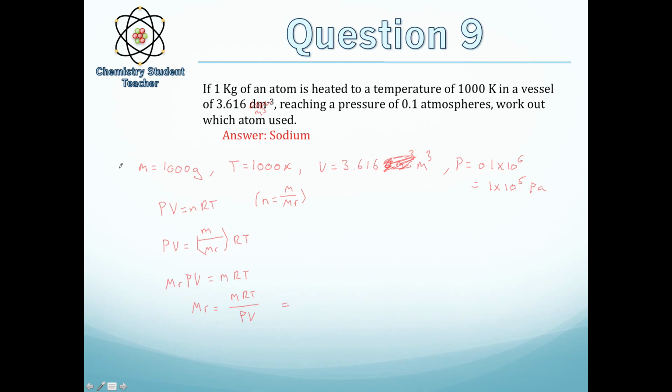And what we can do, we've got all these units up at the top here that we just worked out, we can just put them all in. So mass, 1000 grams, times by R, which is 8.314, again that will be given to you, times by temperature, which is 1000 Kelvin, all over pressure, which is 1 times 10 to the 5, times by the volume, which is 3.616.